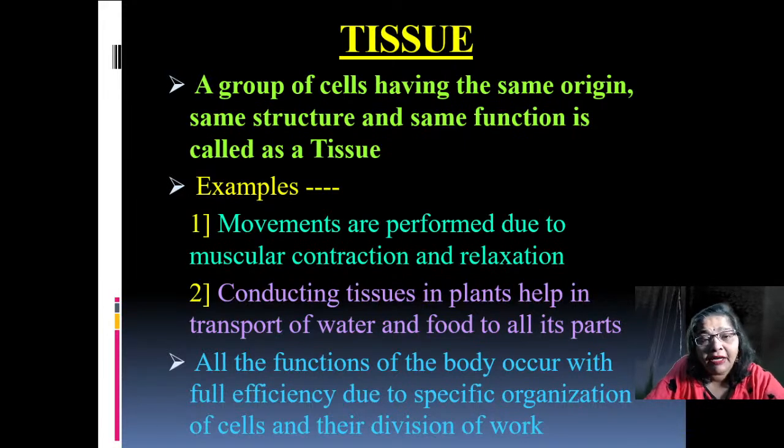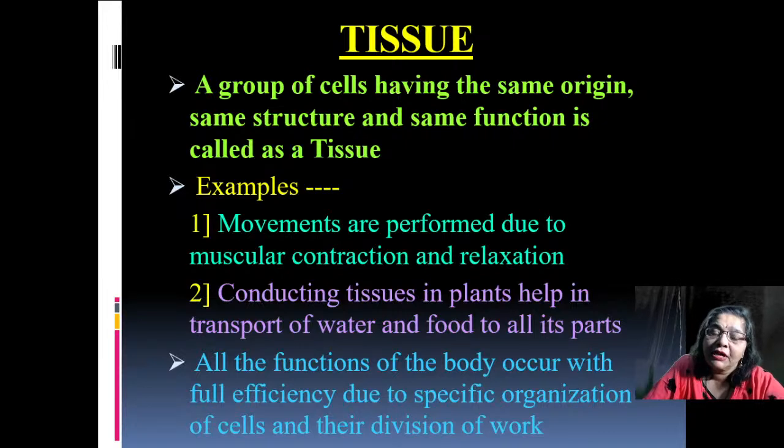You have learned in lower classes about the cell. A cell is made up of different small organs like the mitochondria, the Golgi complex, the nucleus, the cytoplasm, and all these small organs are enveloped inside the plasma membrane of the cell in animal cells.